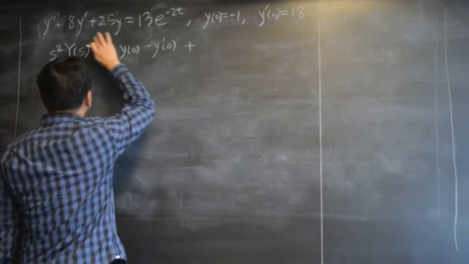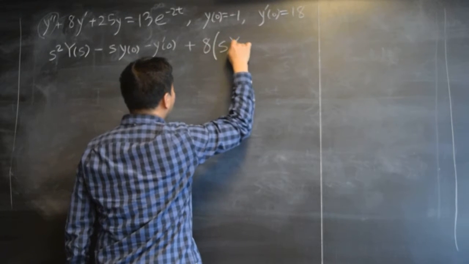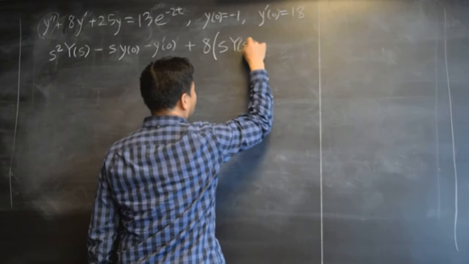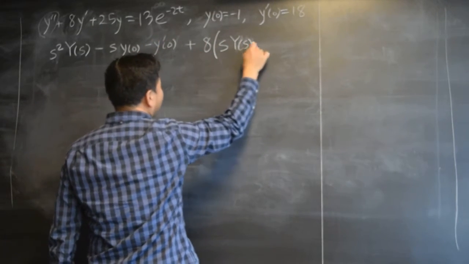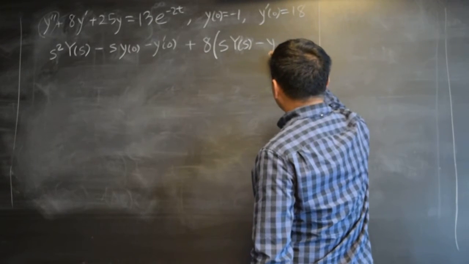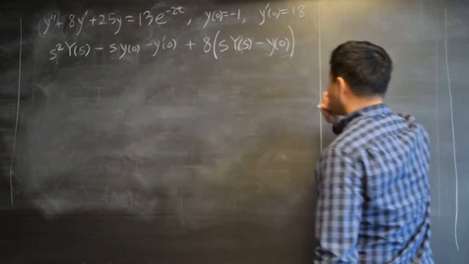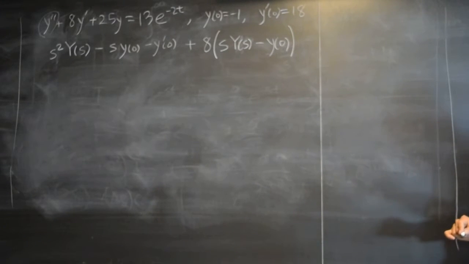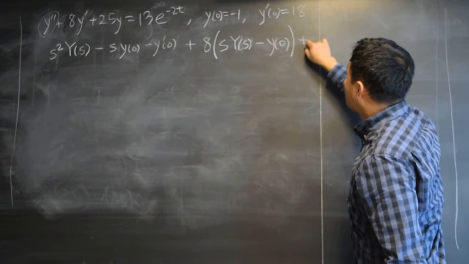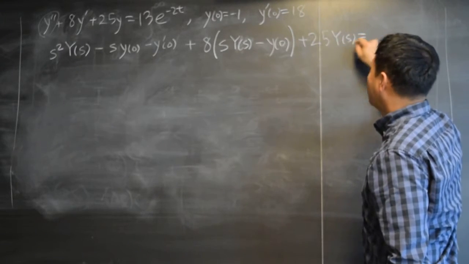And then this one is 8 times s times Y of s, and then minus small y of 0. Okay, that's also on the sheet. It's 35 if you're interested. And then plus 25 capital Y of s.